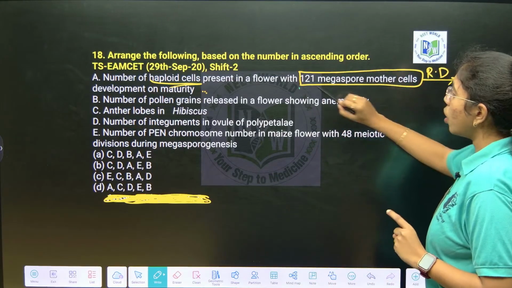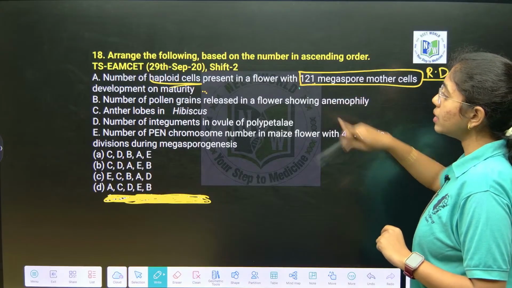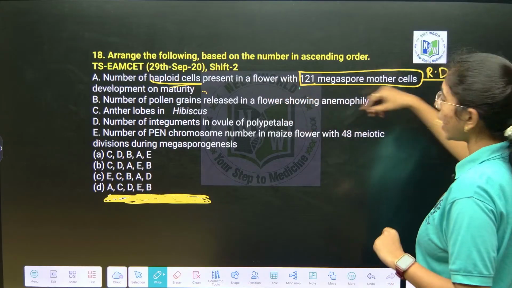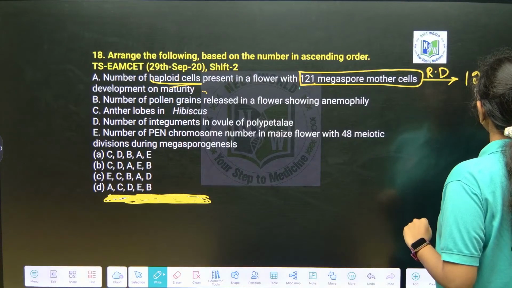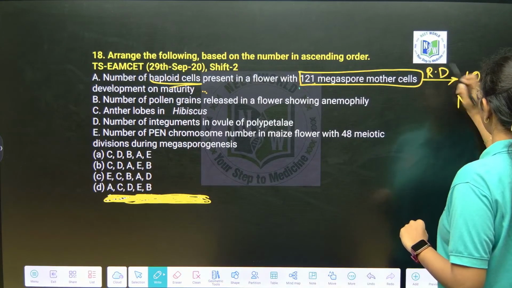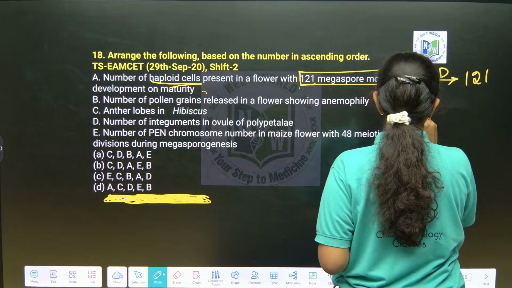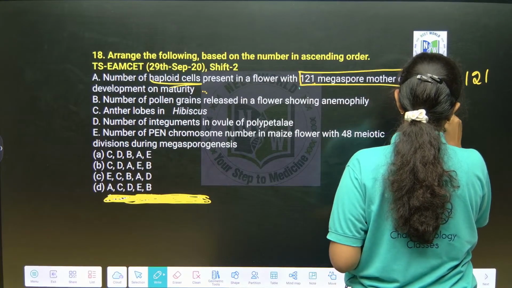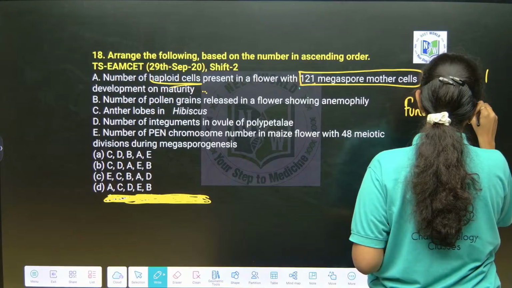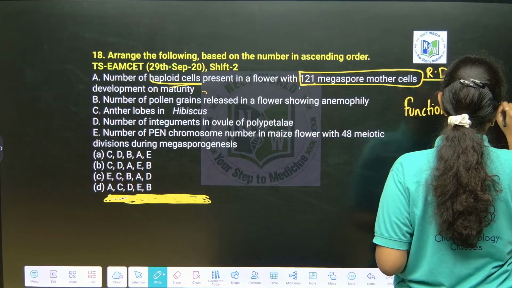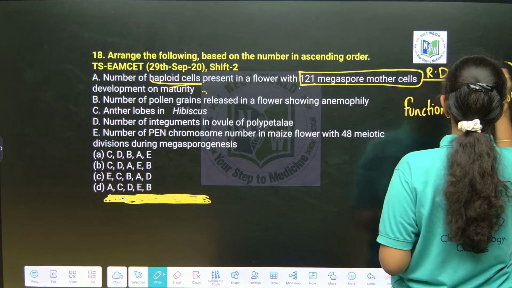In that case, 121 megaspore mother cells, how many haploid cells will be there at maturity? 121 megaspores will be there. You can call it functional megaspores at maturity.